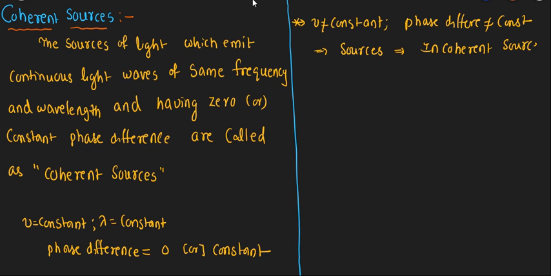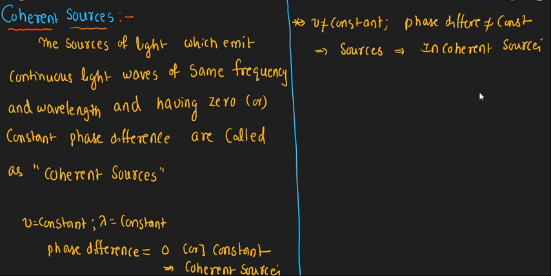If the frequency and everything are constant, they are coherent sources. If the frequency and phase difference are variable, then such sources are called incoherent sources.